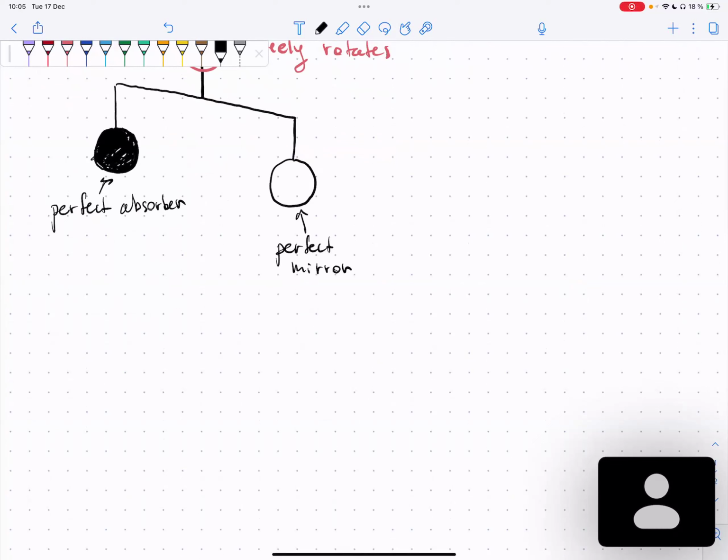And what happens, I take two sources of light and I shine some light on the perfect absorber and some light on the perfect mirror.